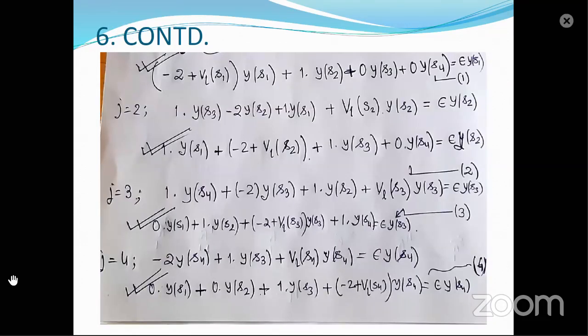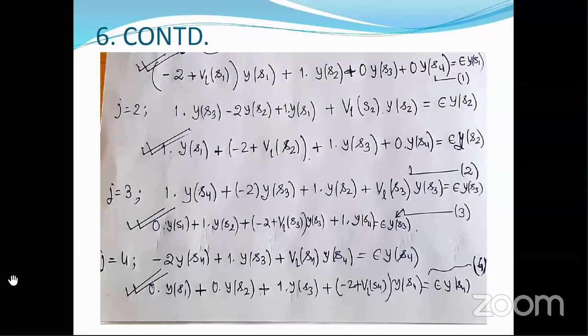Here, our j equal 1 gave me this equation, equation 1. J equal 2, you put, you get equation 2. I need not explain now. I had collected all similar terms. So we have something like y1 into ys1 minus 2 vls2. Oh, ys2 is missing. I'm sorry, please insert ys2.